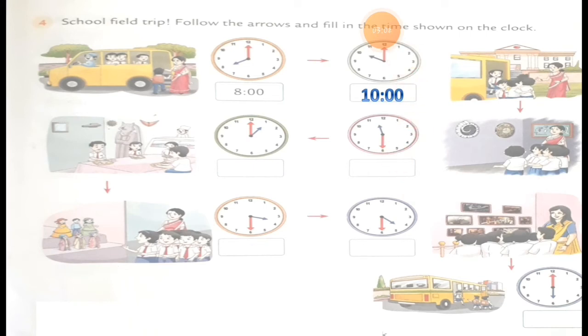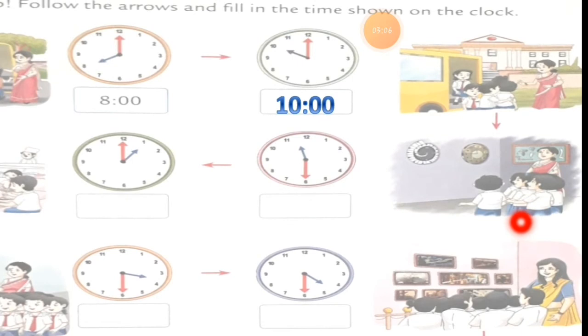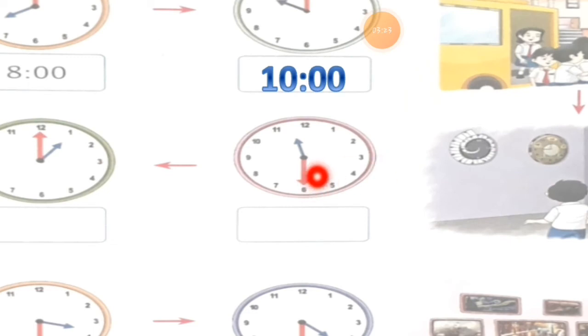Now here, see this, the teacher starts explaining something to the students. At what time? See, the minute hand is pointing to 6. Here you can see the red color hand, the long hand, you can call it the minute hand.